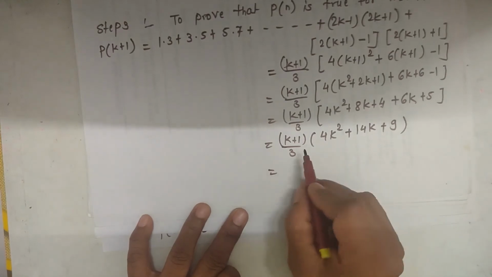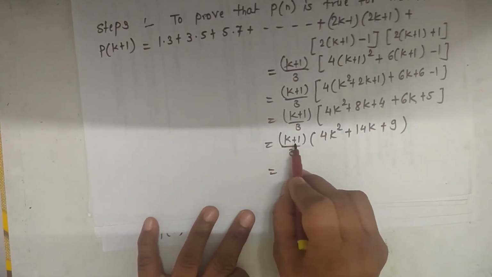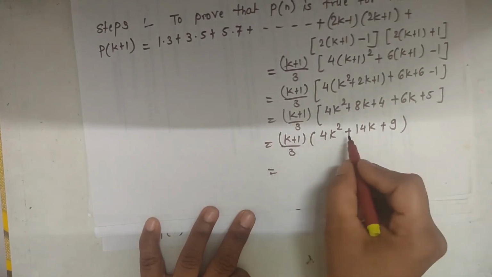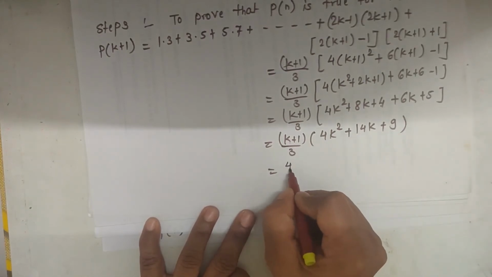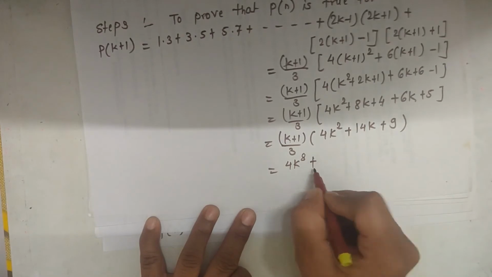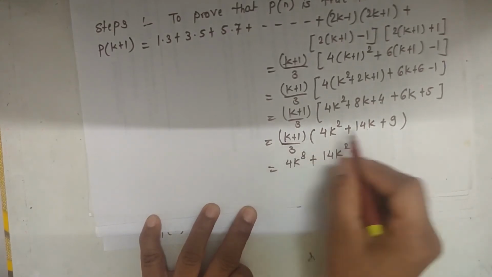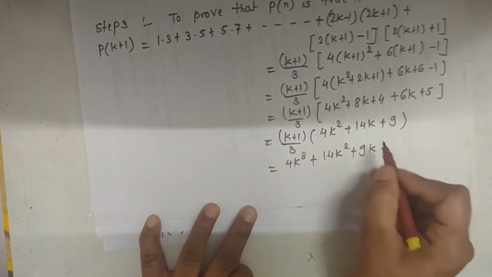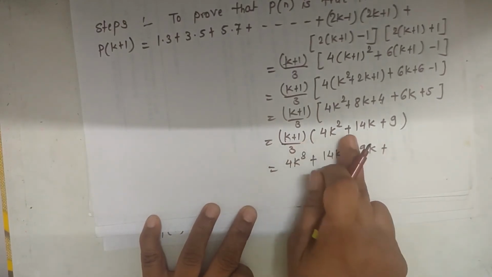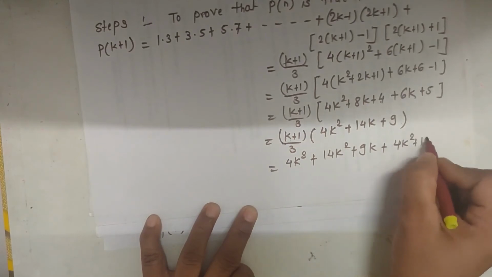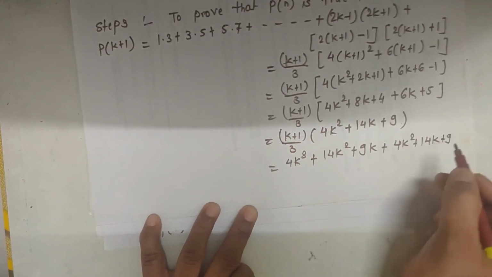Again simplifying, that is the product of k plus 1 and this bracket. We get, multiplying k to each term in this bracket, 4k cube plus k into 14k, that is 14k square, plus 9 into k, 9k. Again multiplying by 1 to each term in this bracket, we get 4k square plus 14k plus 9.